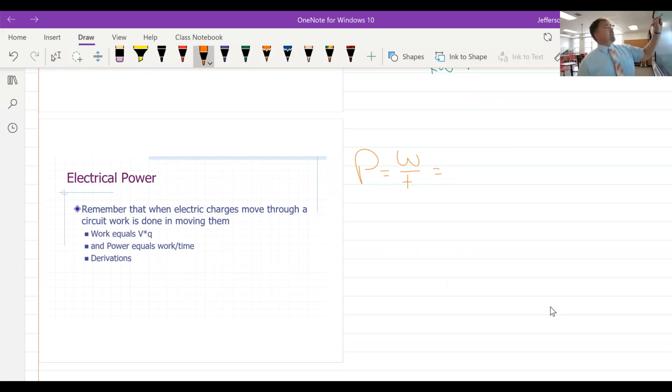Well, we just got done saying that the work done is equal to V times Q. And so we take Q over T, which is actually I. And so remember I told you right above, the power is equal to voltage times current. This is where that derivation comes from. We'll practice with these tomorrow as well, do a lot of sample problems with them.